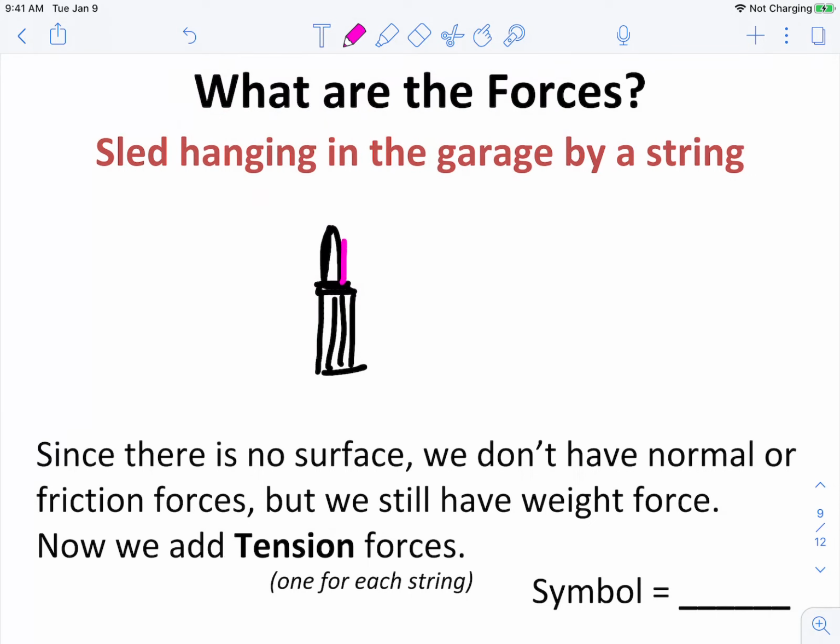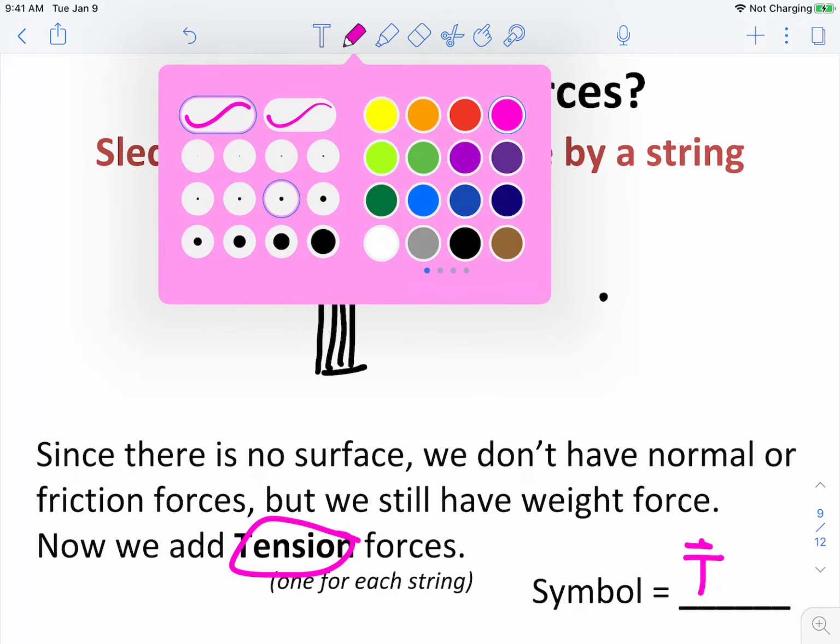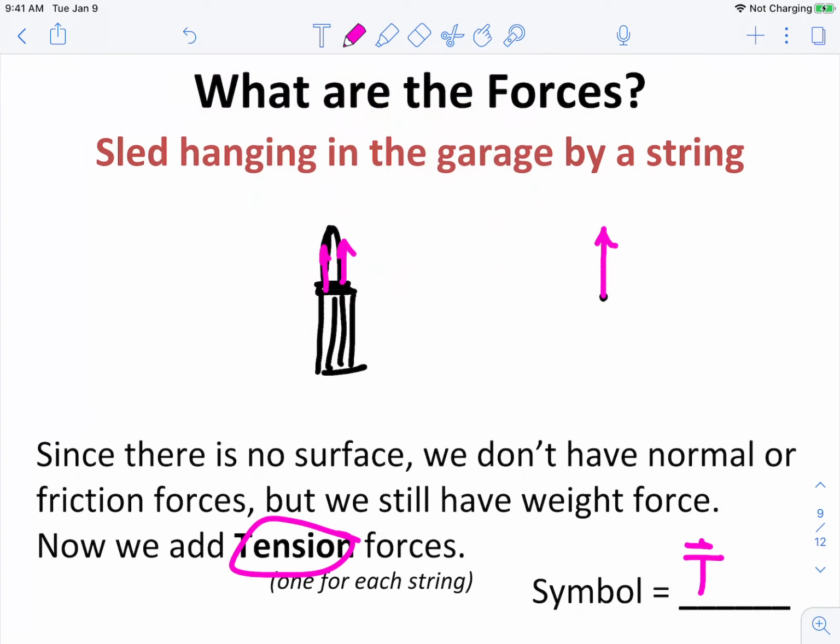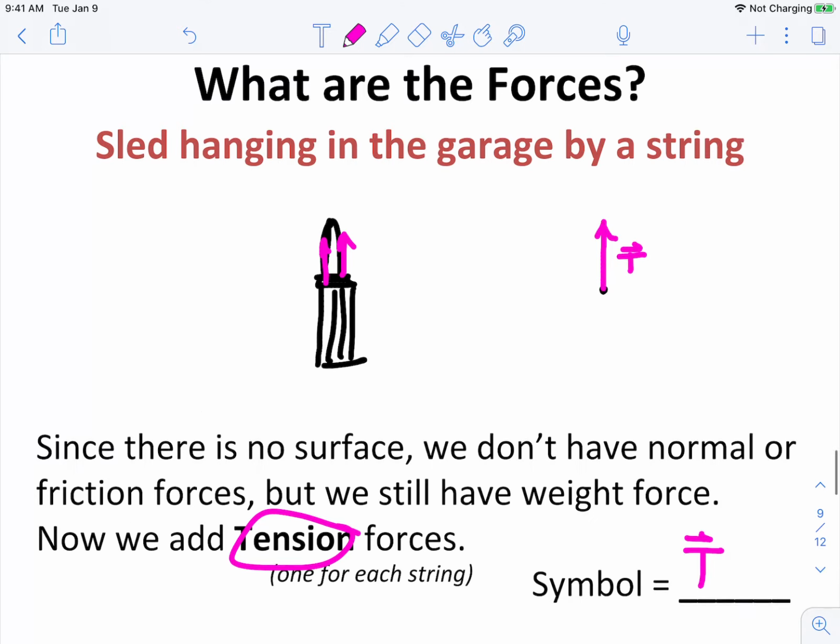There is just this tension on the rope that's on the sled. So the sled is actually being pulled upwards against gravity, and we use a capital T with the vector symbol above it. So our free body diagram would look like this. We'd use the point for the sled. There's no surface in this case. And I simply take my vector and I put it going upward with a capital T on it. So there's the tension force.